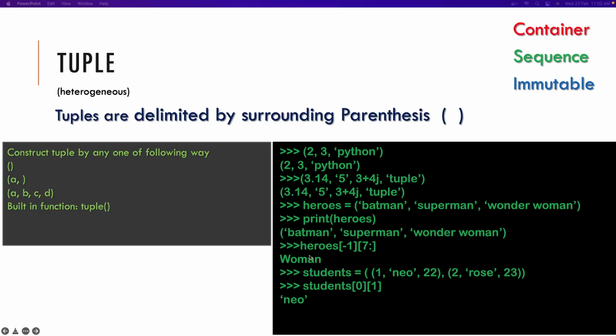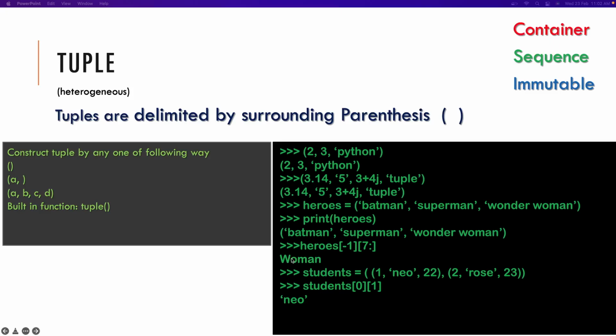If I refer to heroes of -1, what are you getting? Wonder Woman. But forget about the 7 for now. You got Wonder Woman, and out of that Wonder Woman you are applying a slice. From 7, return everything, so at index 7 you have woman.